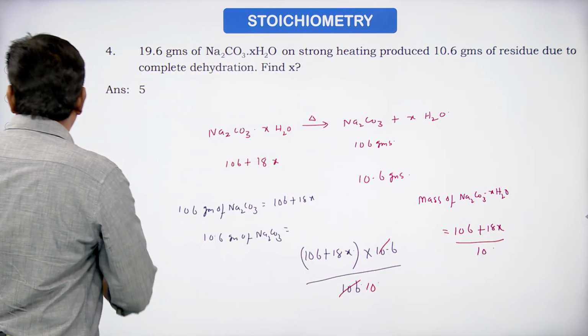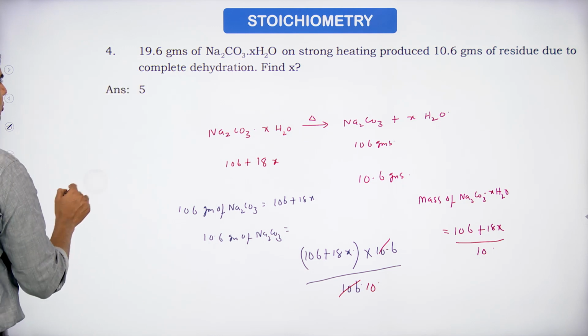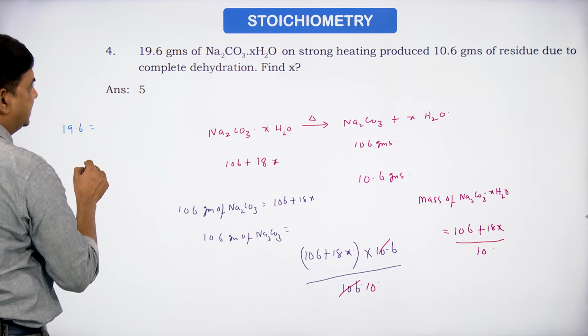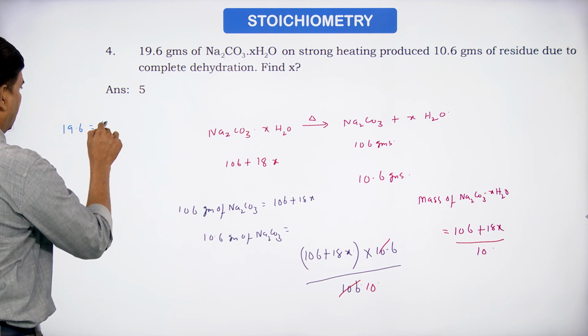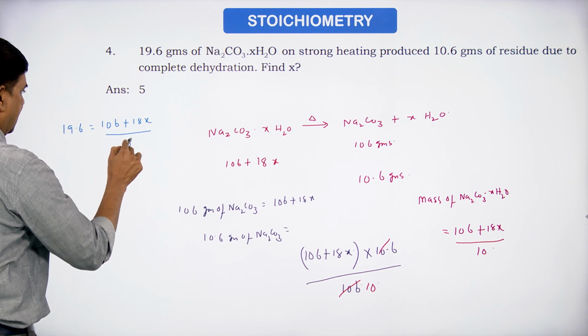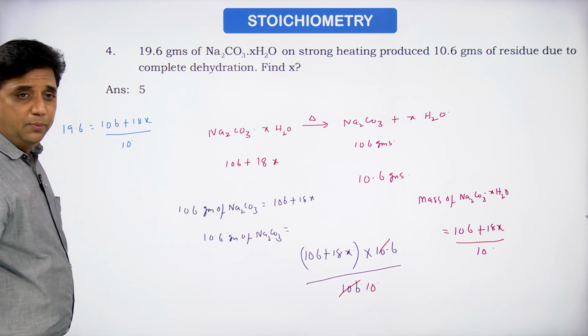I am writing here. So, therefore, students, 19.6 is equal to 106 plus 18x by 10, and 10 is brought this side, students.